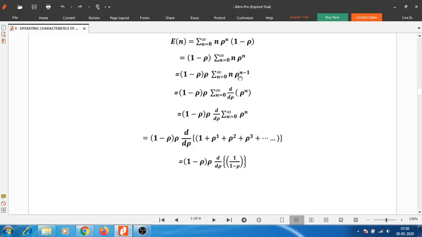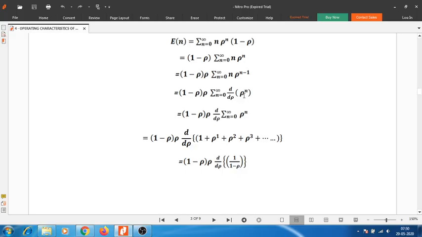Agreed, right? Now for example, for x power n, if we differentiate that function with respect to x, d by dx of x power n is equal to n into x power n minus 1. Yes or no? So think about this term: it is nothing but d by d rho of rho power n.